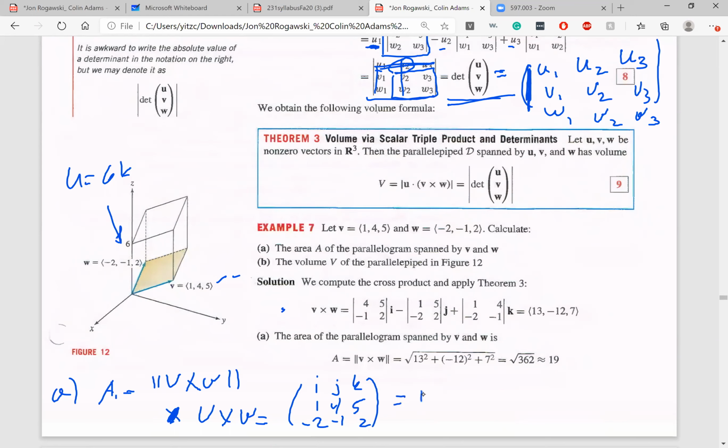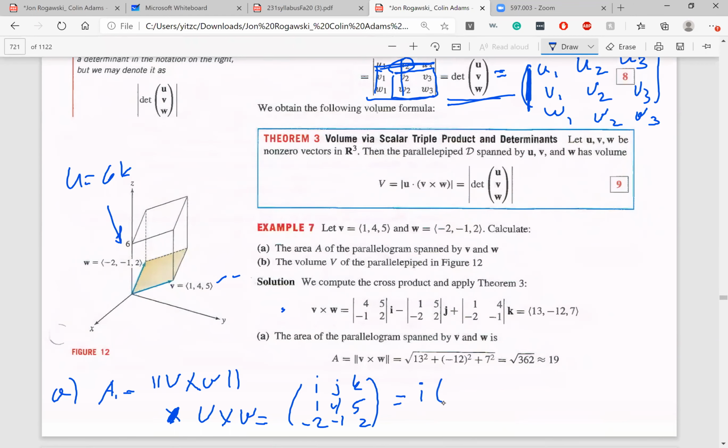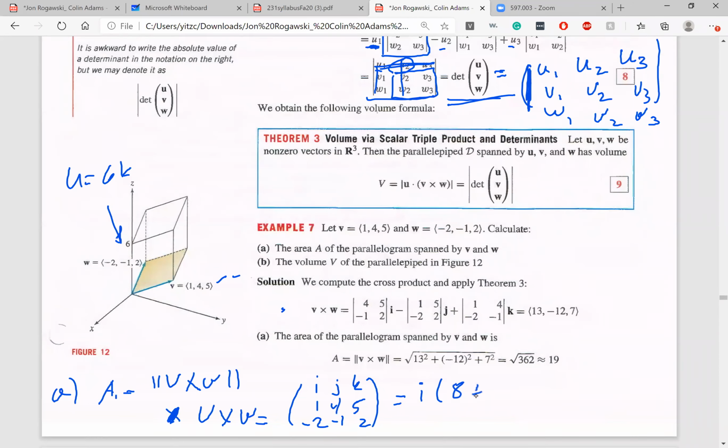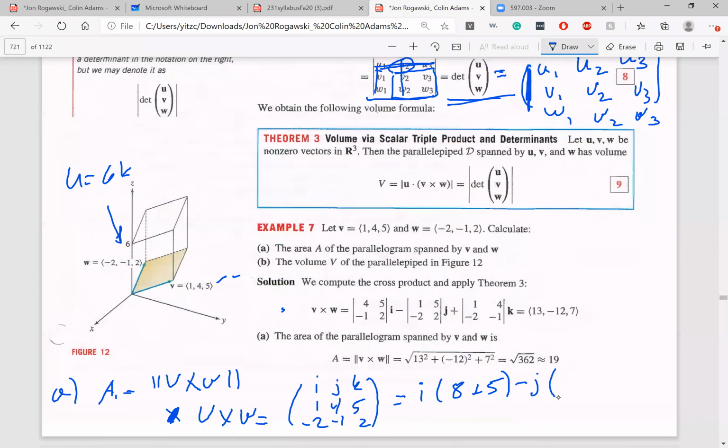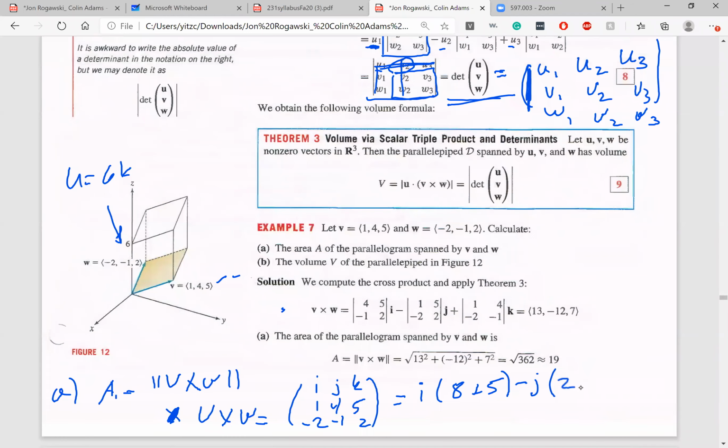This is i times 8, but then you have a minus over here, so plus 5, minus j, and then we have 2, and minus minus again, so plus 10, and then plus k, and then we have -1, and minus minus again, so plus 8.